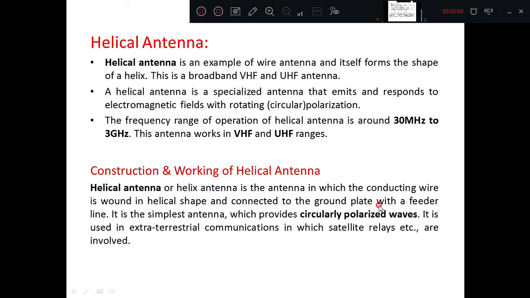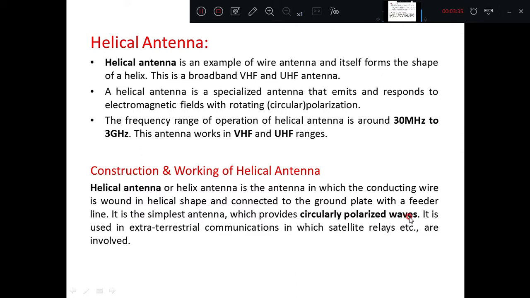So in the next slide you will see what the ground plate is, and what the wire wound in a helical shape is. To the ground plate with the feeder line, there is a straight feeder line, and to it a helical shaped wire is connected. And it is the simplest antenna which provides circularly polarized waves, right?